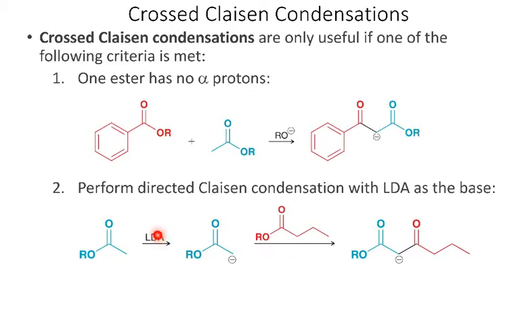We use LDA as a base to irreversibly convert our ester into the ester enolate, and then we add the other ester drop by drop so that it reacts with the first ester and not with itself.